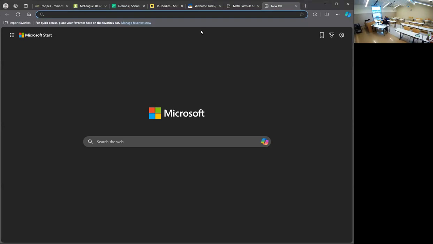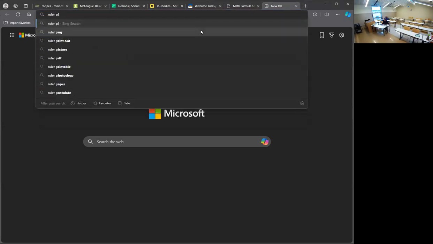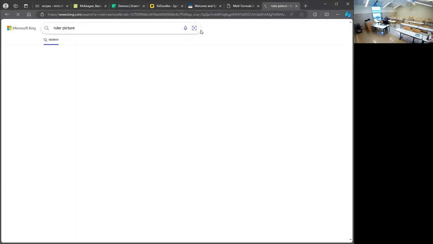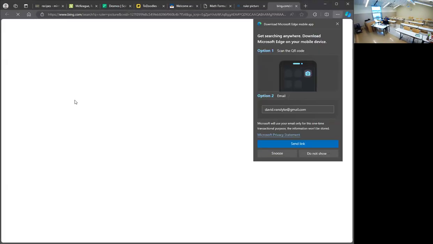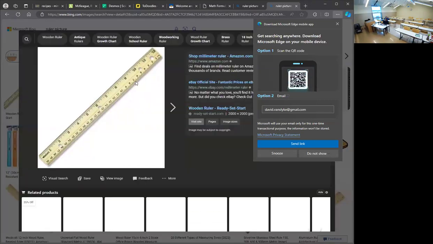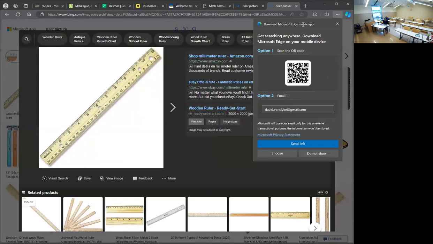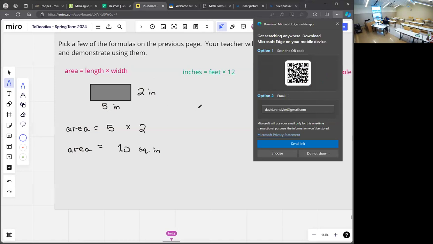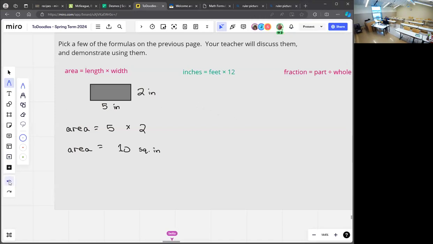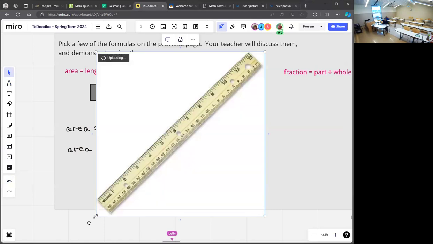Let me see if I can find real quick a ruler. There's a ruler. Okay, copy image. No, I don't want a ruler, I just want a ruler, okay.